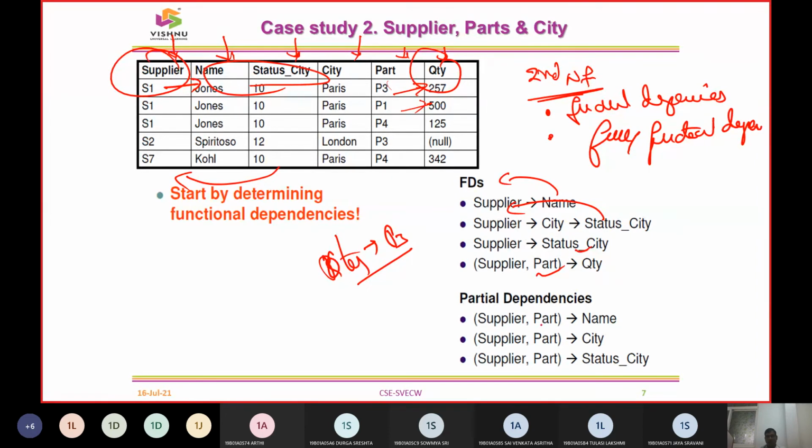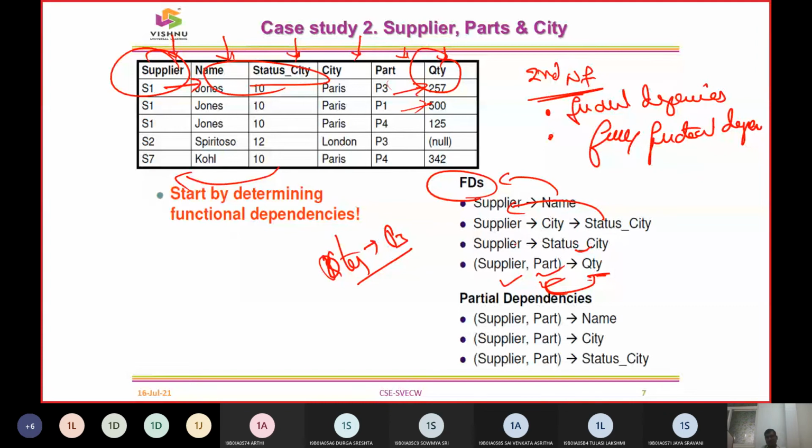So supplier and part. Now if I want to know the quantity, then I should see which supplier has how many parts with them. I need to verify, so for that we are going to have one more dependency. So altogether, in generalized functional dependency, we can say that quantity is purely based on parts and supplier.